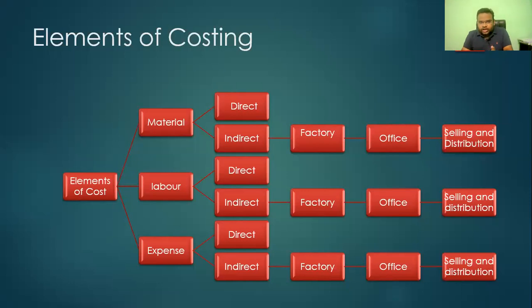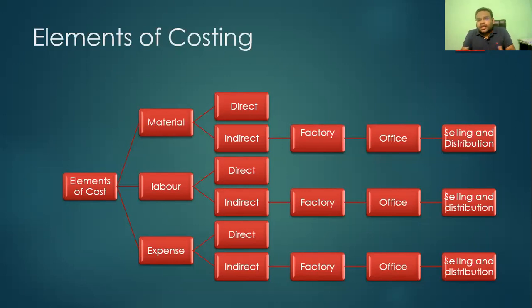All the elements of costing could be either material, labor, or expenditure. Again I'm classifying into direct material, indirect material, direct labor, indirect labor, direct expense, indirect expenditure. Let me give you an example of direct labor. Those who work in factories, directly involved in the production process, we term direct labor.